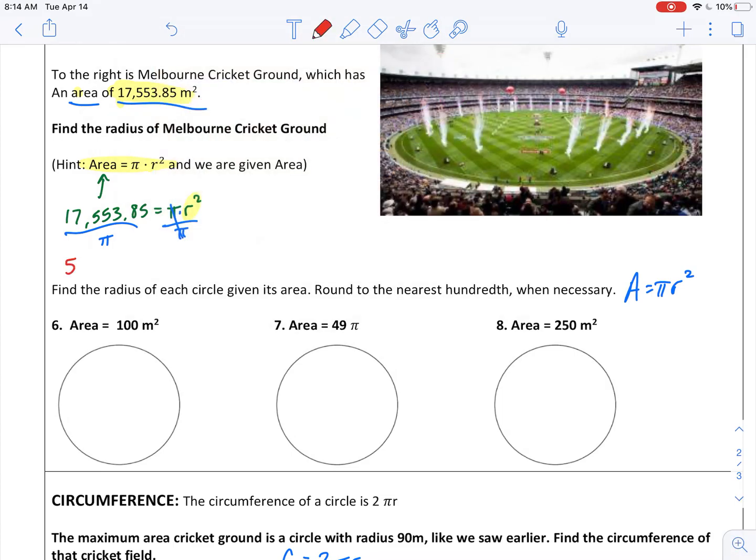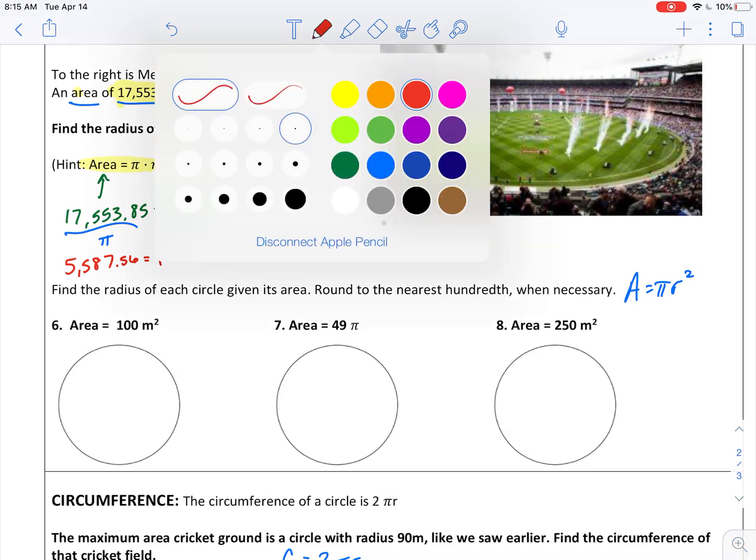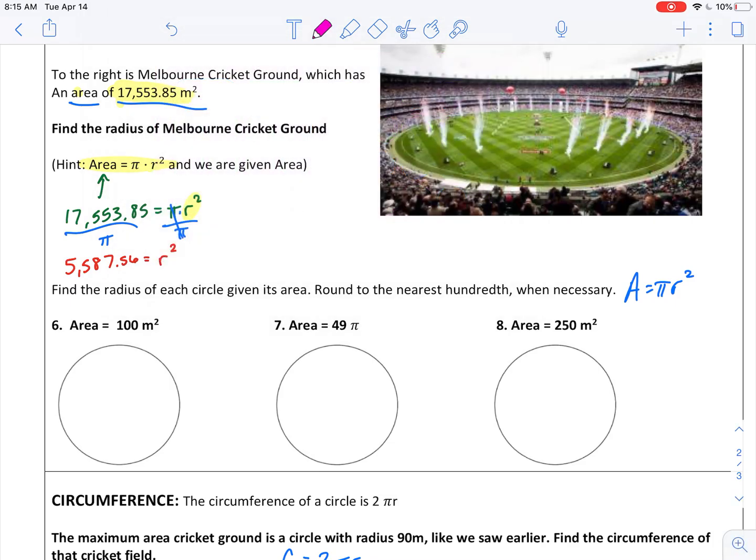So I can take 17,553.85 and I can divide that by pi to get 5,587.56 equals r squared.